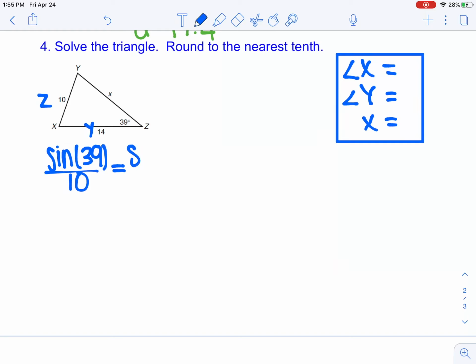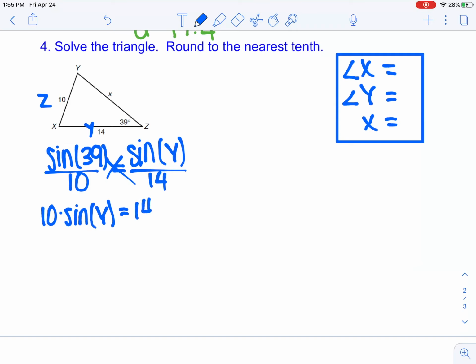So let's say that the sine of angle Y over Y, which is 14. Now that we have set up a proportion, we can cross multiply. 10 times the sine of Y equals 14 times the sine of 39.